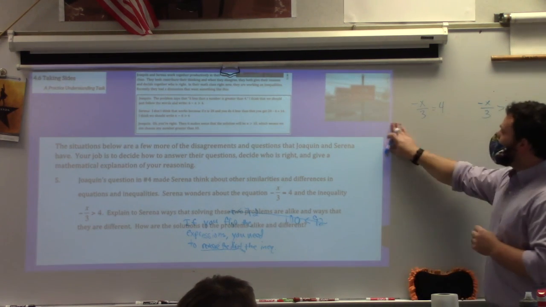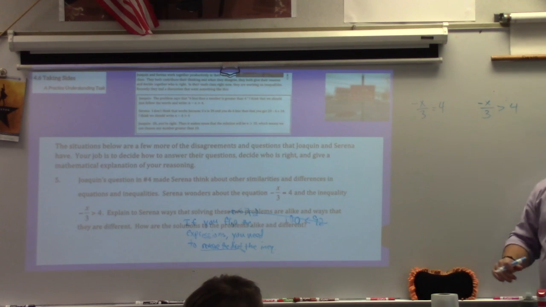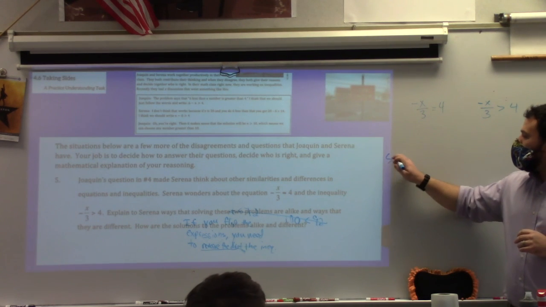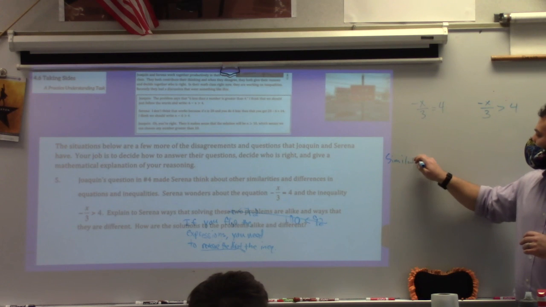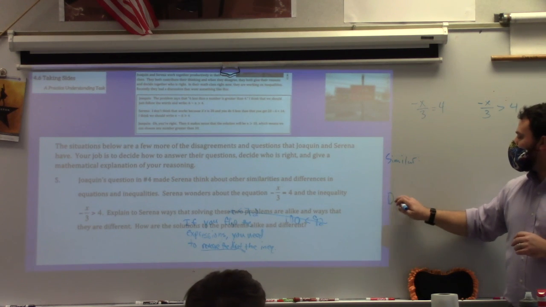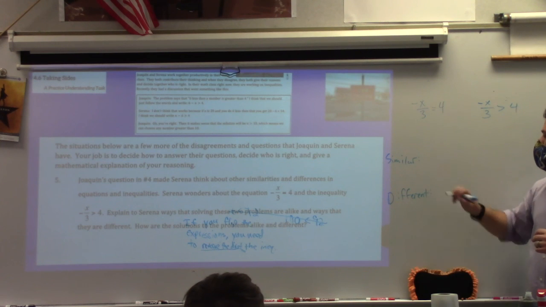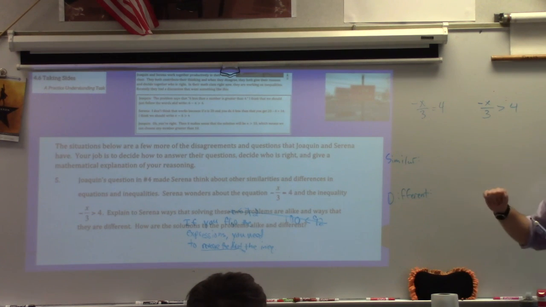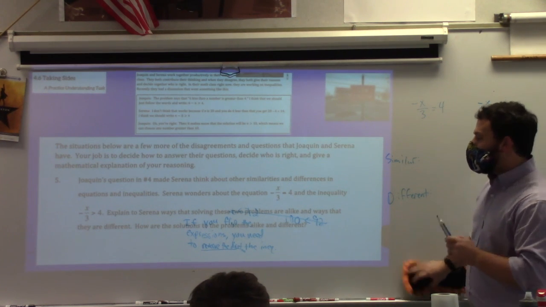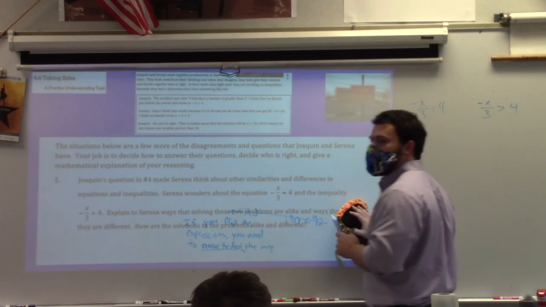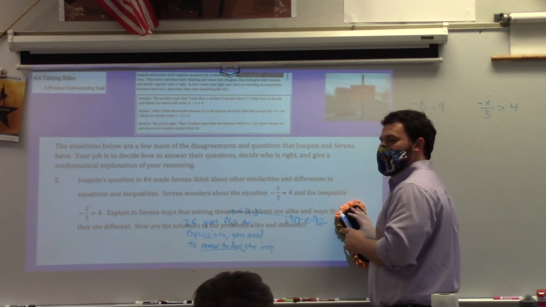So here's what I want you to do, because this is an important thing. I want you to think about what is similar and what is different about this equation and this inequality. With that, Zay, did you finish getting this copy down? Yes, sir. Okay.